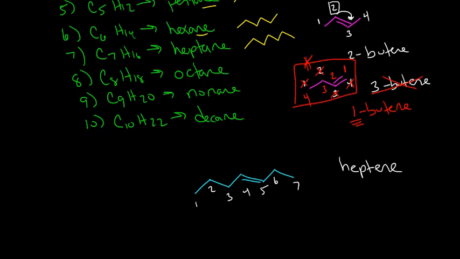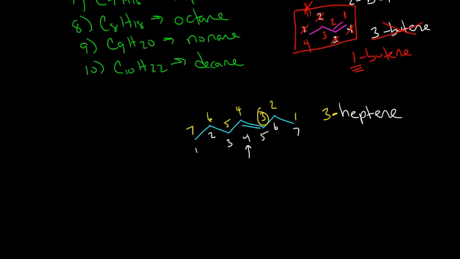As we've drawn it, we would call it 4-heptene. But let's start from the other direction and see if we can come up with a smaller number. Okay, so if we started numbering from the right side, it would be 1, 2, 3, 4, 5, 6, 7. So 3 is smaller than 4, so the correct name for this would be 3-heptene.